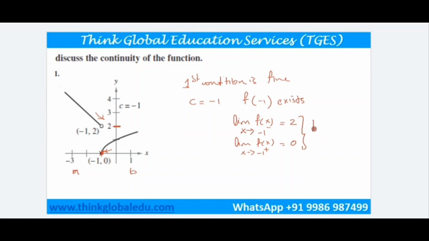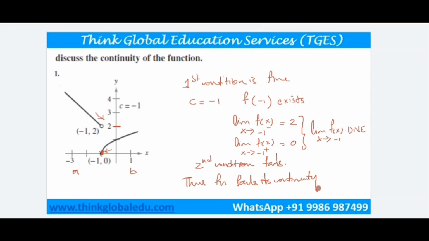So in total we can say that the limit as x approaches -1 of f of x does not exist, which makes the second condition fail in this case. As we have already discussed, if one of the conditions fails, then the function is not continuous in the given interval. Thus the function fails its continuity at x equal to -1.